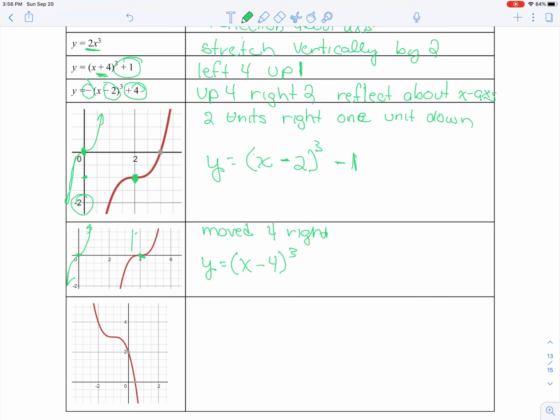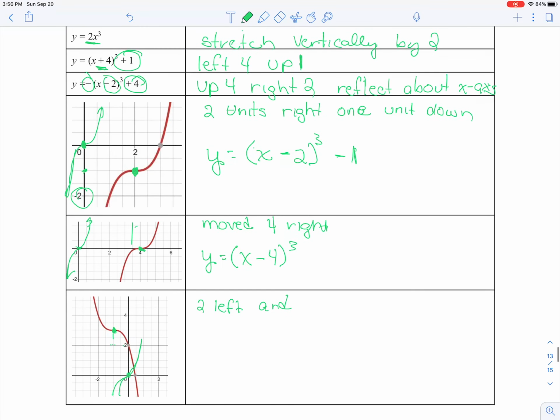Okay? So this one did a couple of things. Where is my inflection point? Started here. So now my inflection point is here. What did I do? I moved 2 to the left and 3 units up.